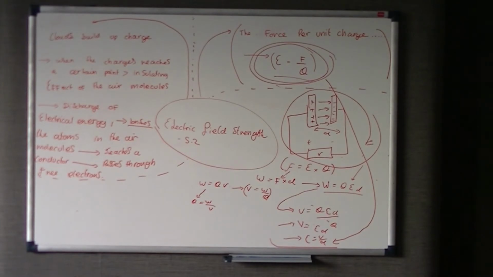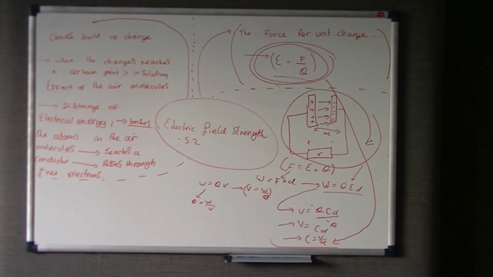We put in our other equations from what we should know from AS topics, and then we rearranged that to get our final E equals V over D. Or E, the electrical field strength, is the potential difference over the distance between the two plates.